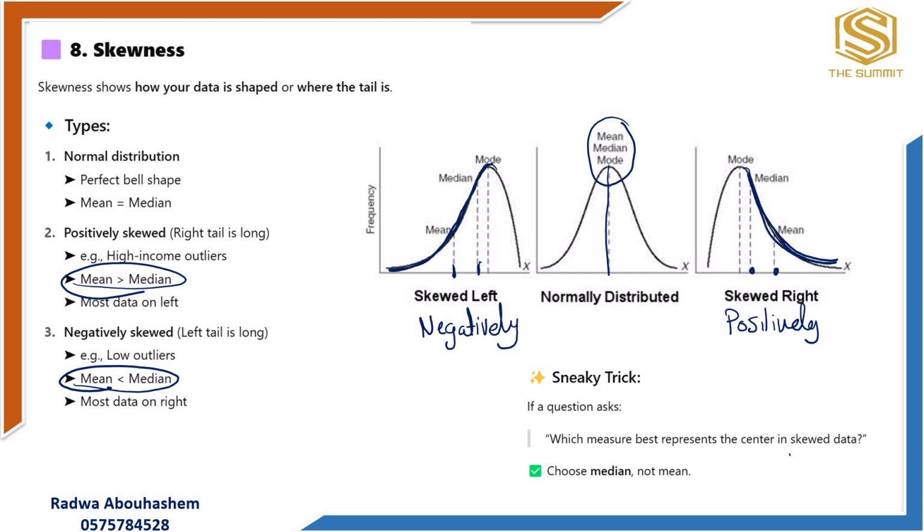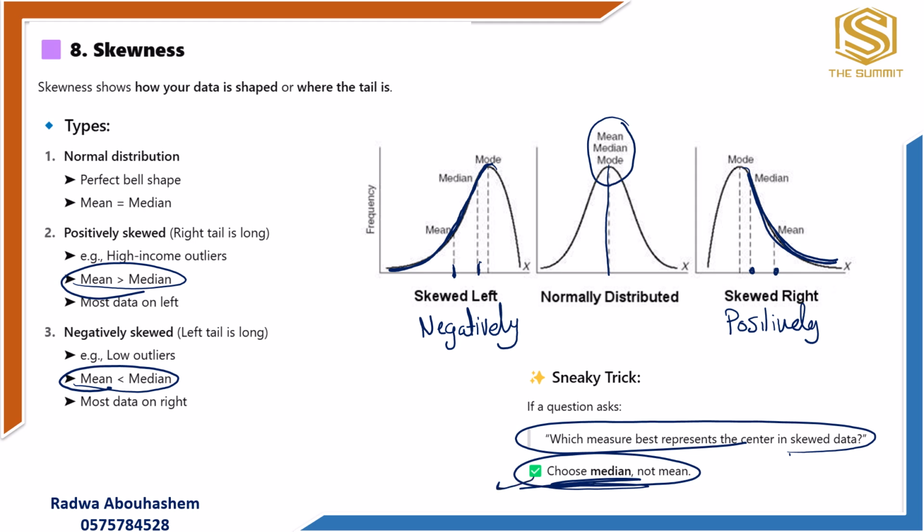So make sure that you understand the shape and memorize the shape, because sometimes you have SAT questions on it. Whenever they ask you which measure best represents the center in skewed data, we choose the median, not the mean. This is a very important question. Wherever you are measuring the center of the data, you have to choose the median.